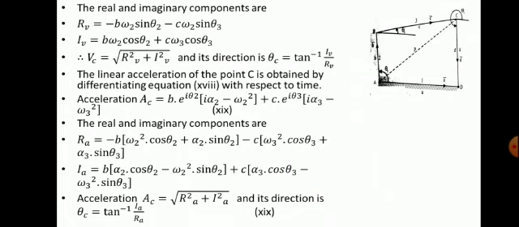The linear acceleration of the point C is obtained by differentiating equation 18 with respect to time. Like this, we can calculate the velocity of the point C. Now the acceleration of point C on link 3 is obtained by differentiating the same equation 18.